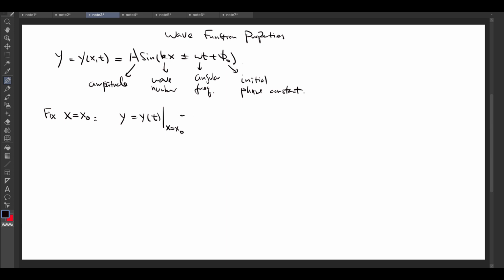Okay, and then we get A sine(k x naught, which now becomes a constant, plus or minus omega t plus phi naught). And if I plot that, then I plot y versus time. Okay, but it's only for this point x equals x naught. So that's why we say this kind of diagram is called a history diagram.